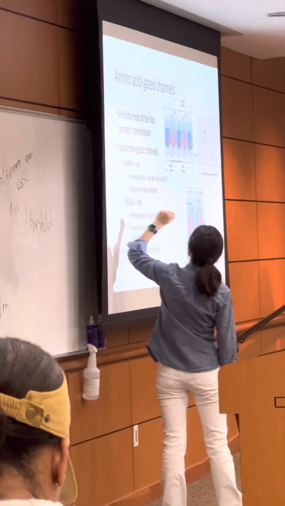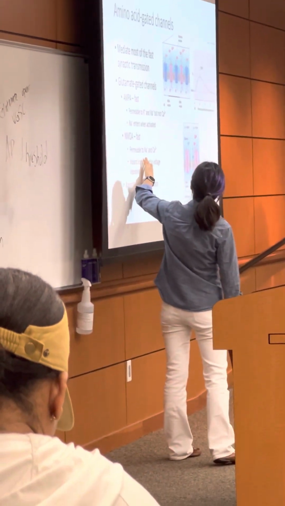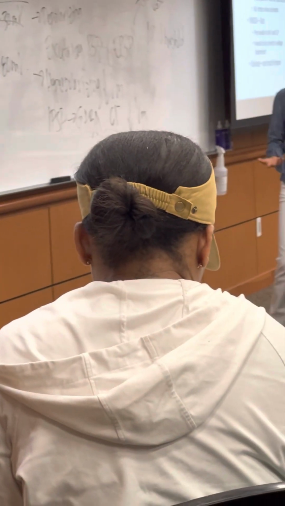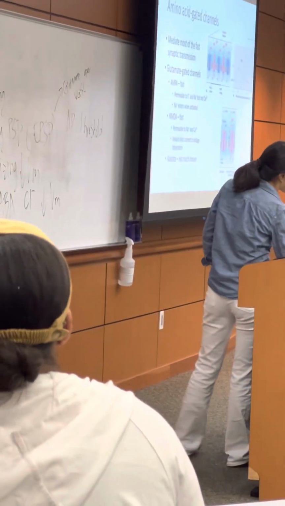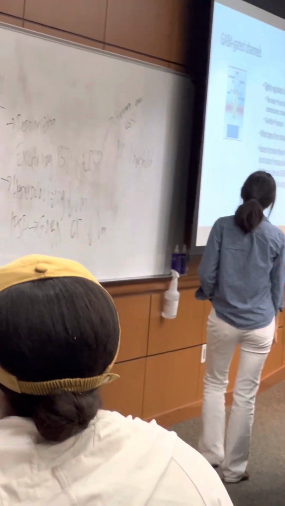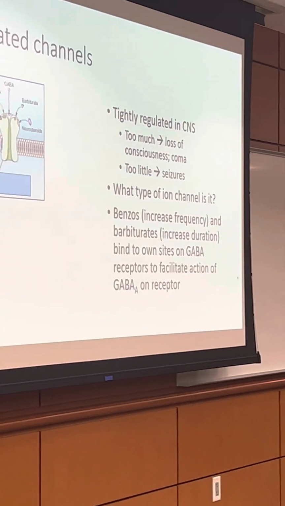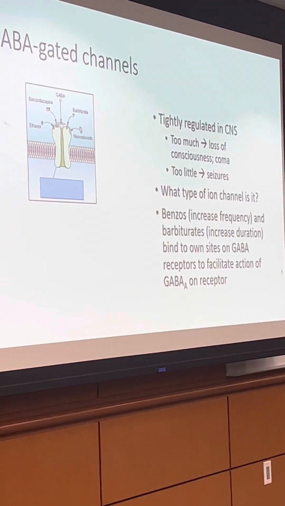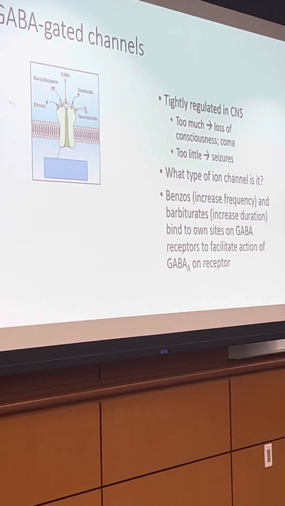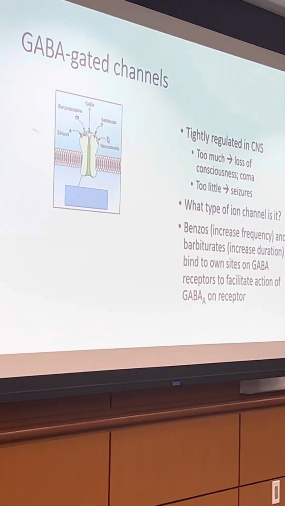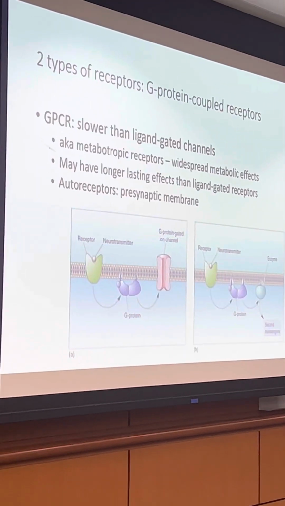The NMDA glutamate receptor will open up to sodium and calcium. And this is what makes them ligand-gated ion channels. GABA is another example of a ligand-gated ion channel. So GABA will bind to a receptor on this channel and then open up chloride ion channels to allow chloride to go in. Okay? All right.